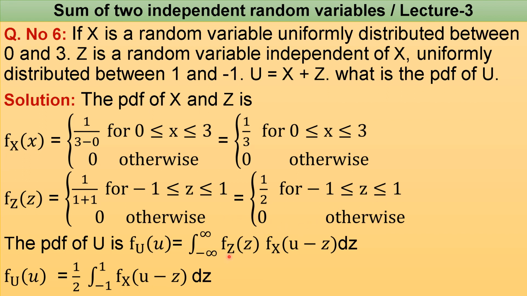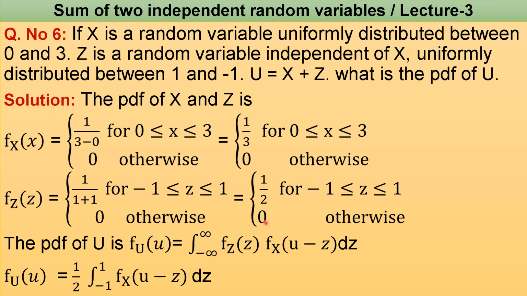So since the integral is from -infinity to +infinity, you can split this into sum of the integrals, so that fz of z will be half in that integral where z is between -1 to +1. For all other z values, fz of z is 0, means all the other integrals will be 0.